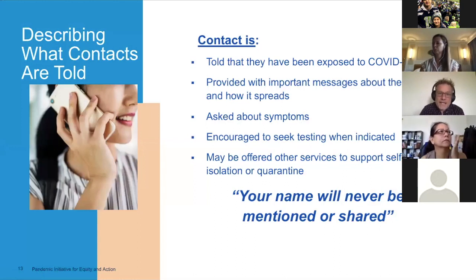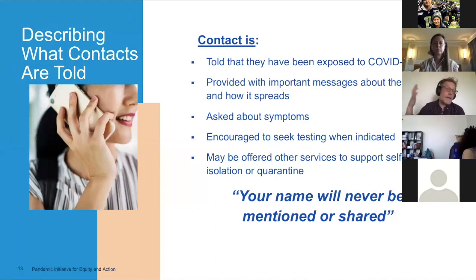So in this context, the contact is told that they've been exposed to COVID-19, and we provide them with important messages about how the virus is spread, and we ask them about symptoms. And so these are the important things that you as the case investigator should know when you're reaching out to a case, so that you can explain to the case what's going to be asked of the contact. But essentially, with every contact, we do three things.